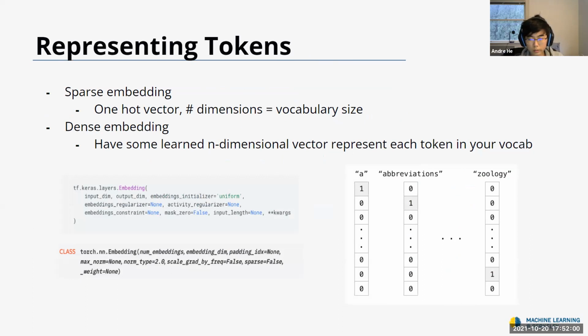Or you can do what's called a dense embedding, which means instead of a one-hot vector, you'll have a learned vector represent that token. But in practice, usually you can just implement it as a sparse embedding. Once this token goes into your network as a one-hot vector, your later layers can learn the dense structure on top of it.